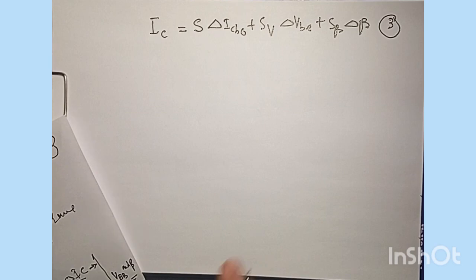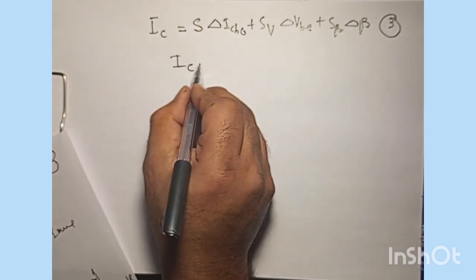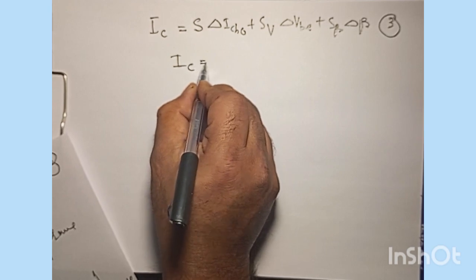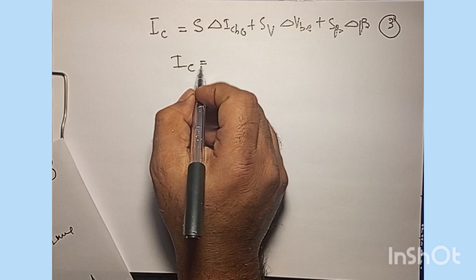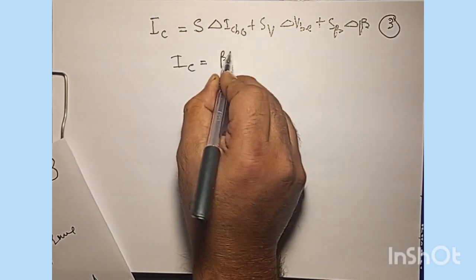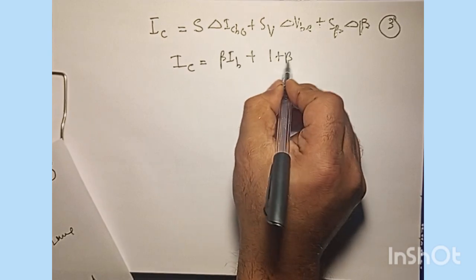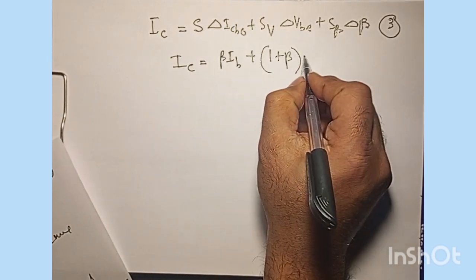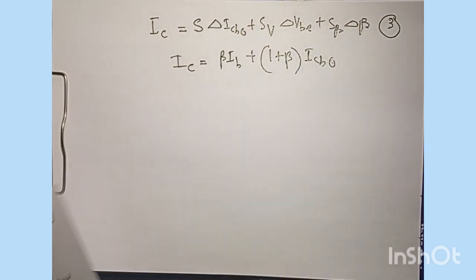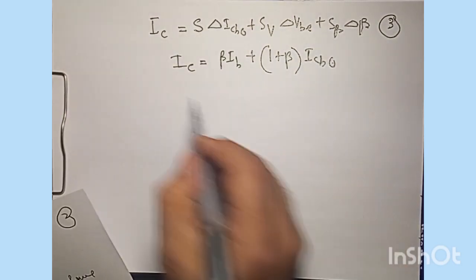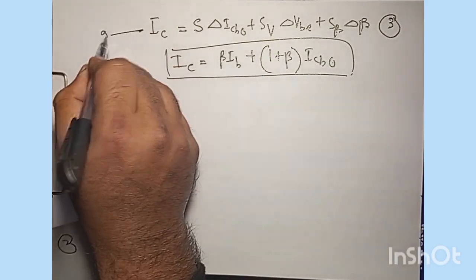Now for common emitter configuration, we have already written down in the previous lecture that IC is beta times IB plus 1 plus beta times ICBO. I would call this equation A.